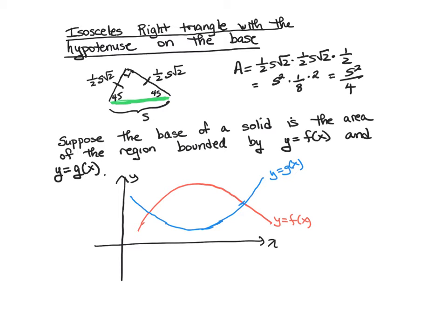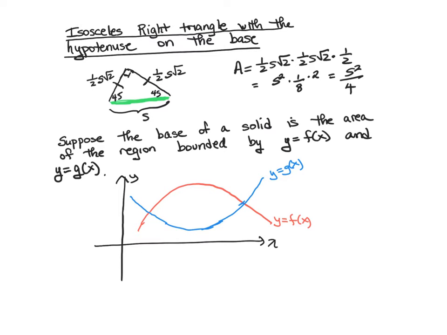So let's go back and review how to get the area between two curves. But this time, we're going to think of the area between these two curves as the base of some solid formed by a geometric shape. So let's say we have y equals f of x and y equals g of x. f of x is in red and g of x is in blue.